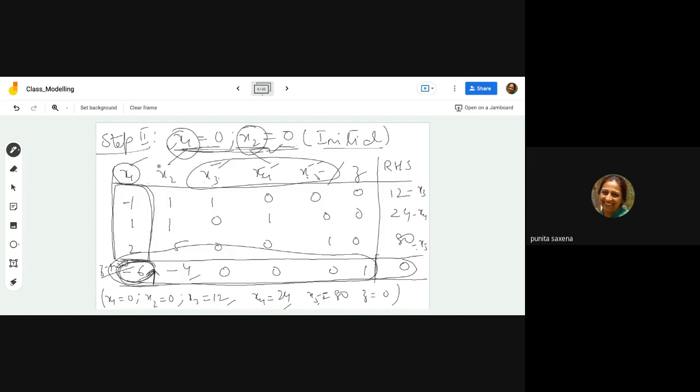We started with the choice of x1 and x2 to be 0. But now we have concluded that x1 should be non-zero. So if x1 has to be non-zero, then one of x3, x4, or x5 has to be 0, because x2 will still remain at level 0. But which one needs to be decided.